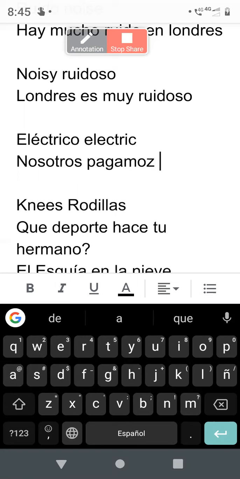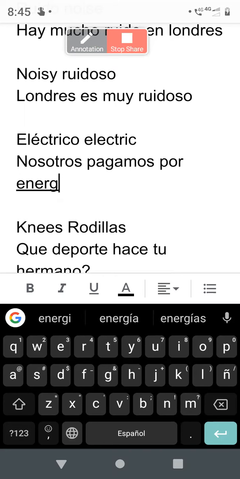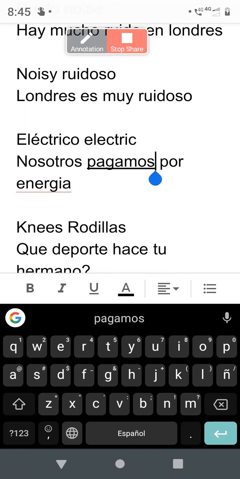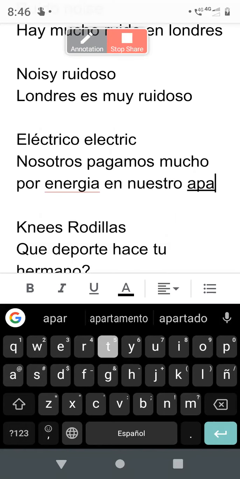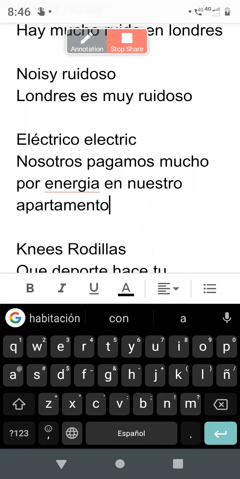Now, in Spanish, we would only say for electricity. Okay. Nosotros pagamos por. Okay, now I'm going to show you. So, nosotros pagamos por energía. You said much, a lot. Like we pay a lot. Pagamos mucho por energía in our flat. En nuestro apartamento. Nuestro apartamento.